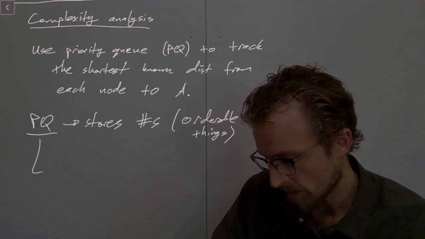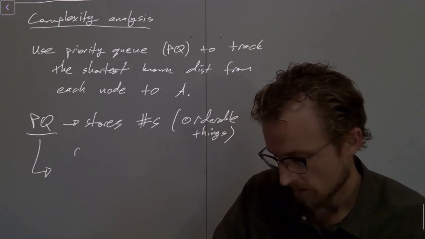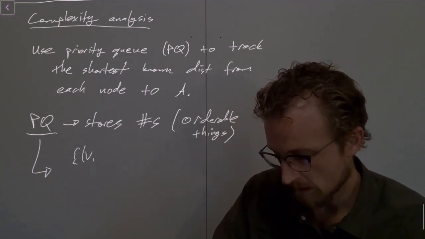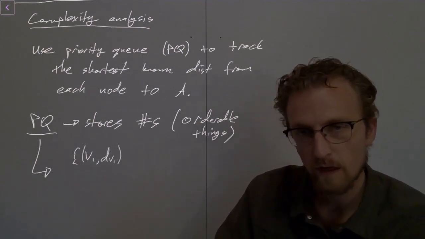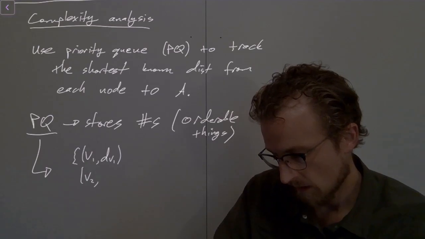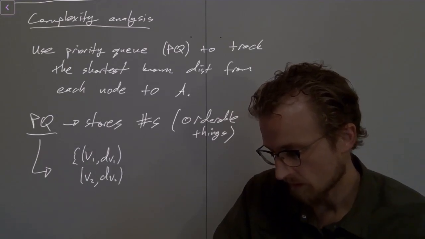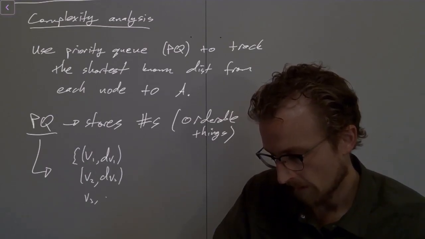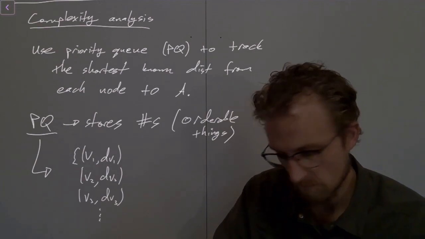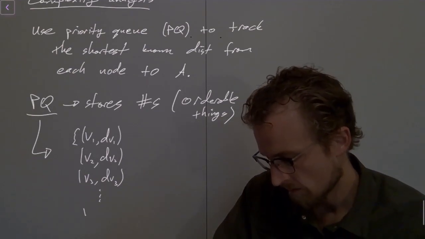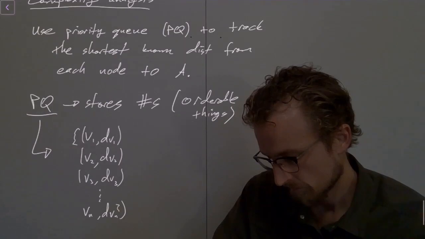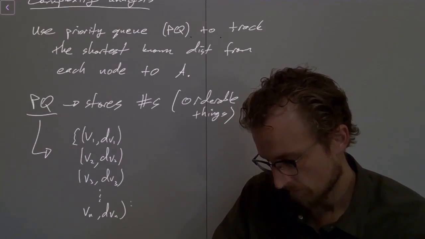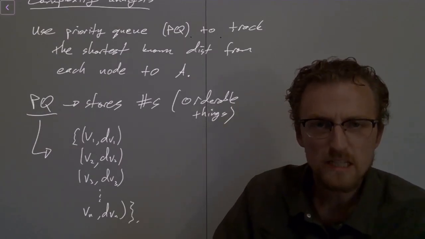Imagine a priority queue having the following elements. It has a vertex, and the best known distance for that vertex, then another vertex and its best known distance, and so on, all the way down to Vn, dVn. So that's how we'll use the priority queue.